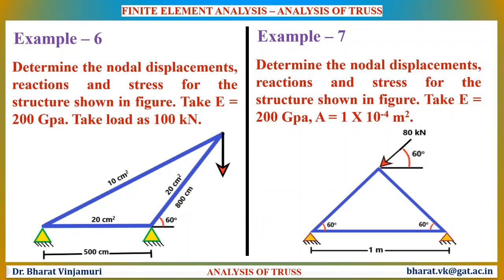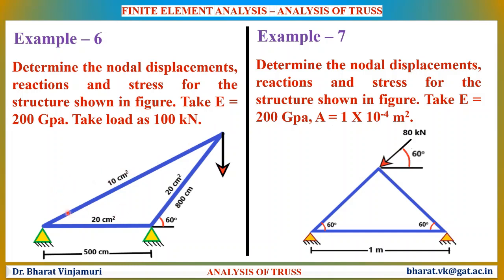The viewers are requested to try out these numericals by yourself so that you can understand how the matrices can be assembled. Here you need to use this equation with 60 degrees to find the length of the third element.